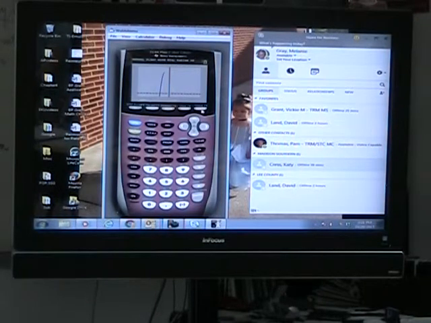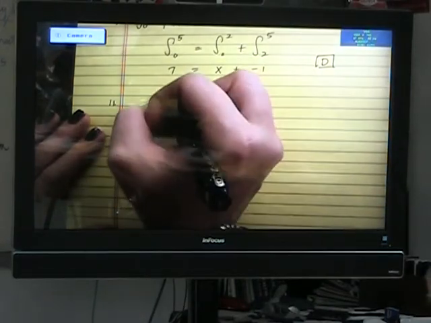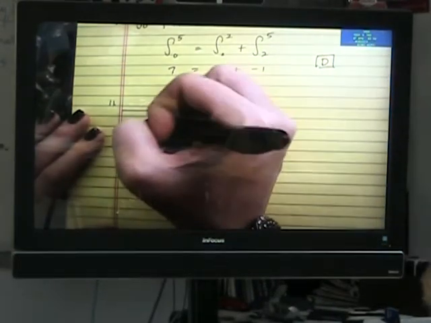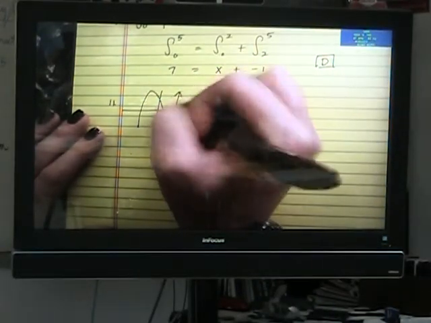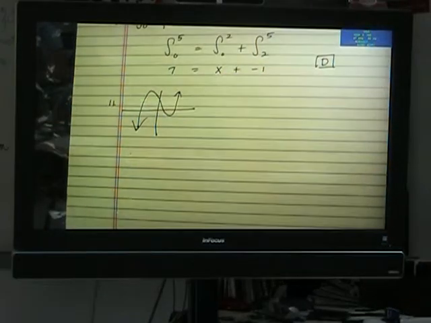So if you missed number 11, what I want you to do is to draw on your corrections. I want you to draw this graph, or sketch it, just a quick sketch, doesn't have to be perfect. And the way it's worded is it says the area under the curve bound above the x-axis.